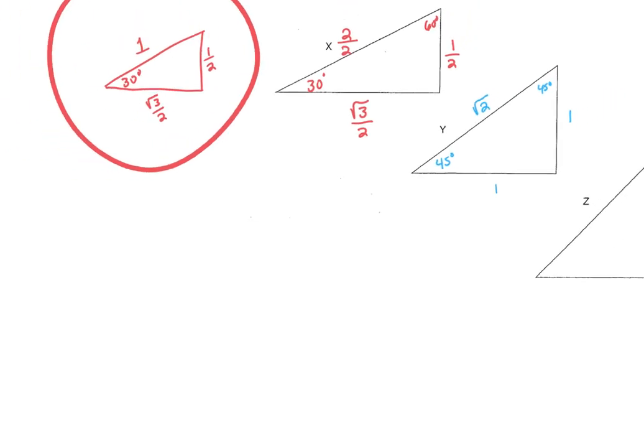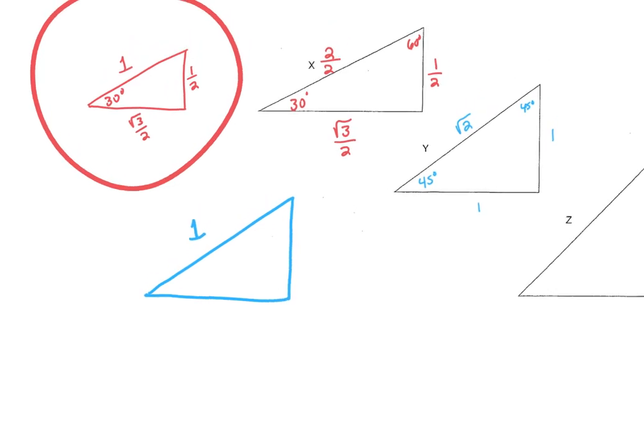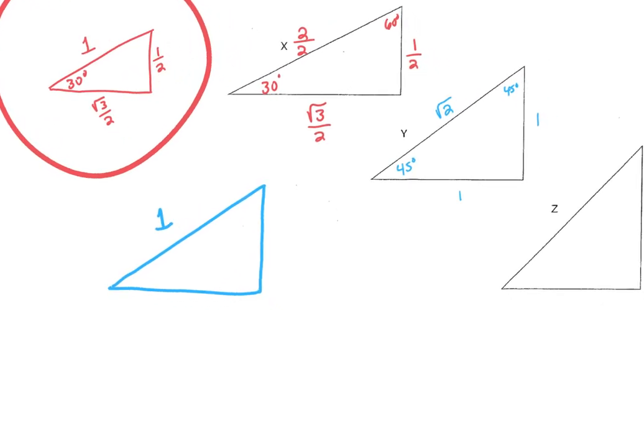So I need you to think about how that's going to work if we want to be in the unit circle, where we need a radius of 1. So what do we need to divide by in this particular triangle so that we can get that radius of 1? What do we have to divide by? Square root of 2. So we divide by the square root of 2 here.